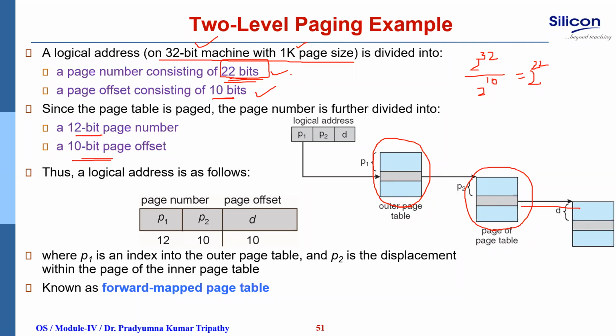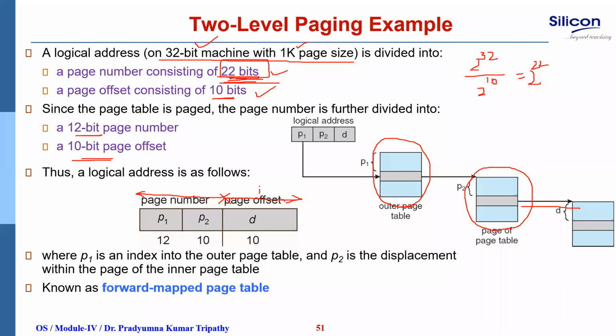It will use 12 bits to get over here, 10 bits for the next level, and then again the 10 bits to go to the displacement. For inside the page, it is 10 bits.